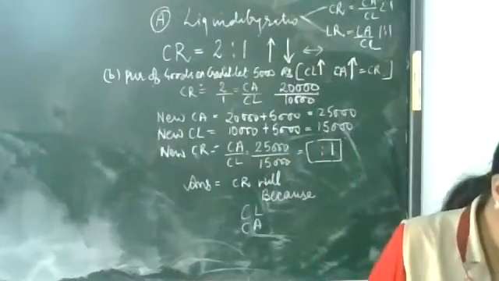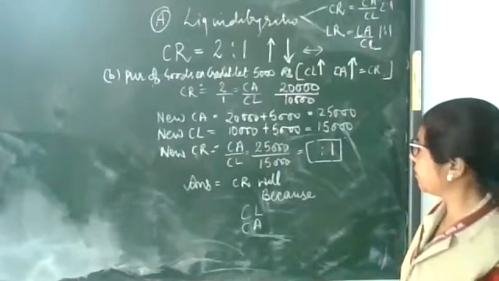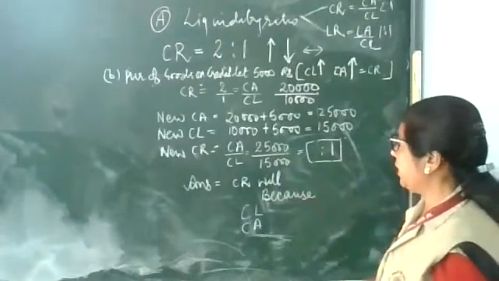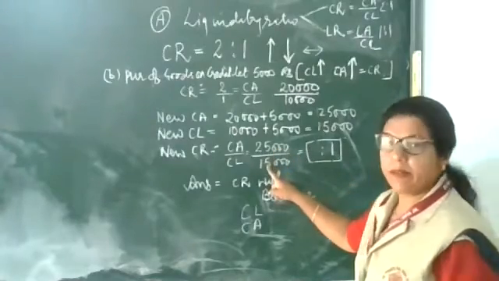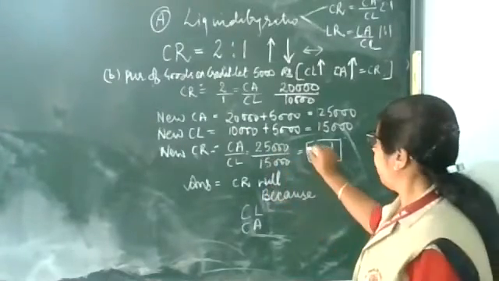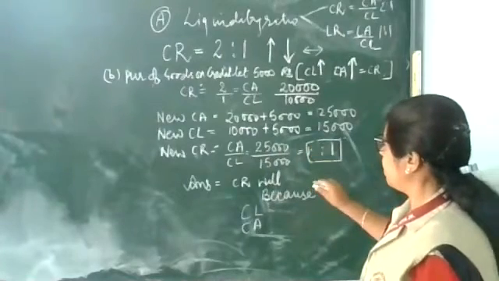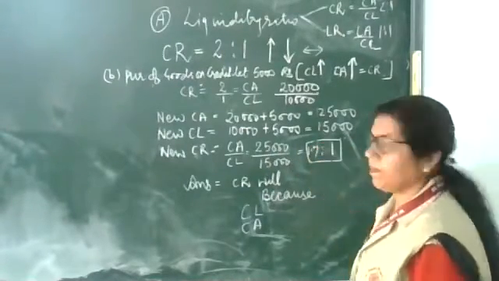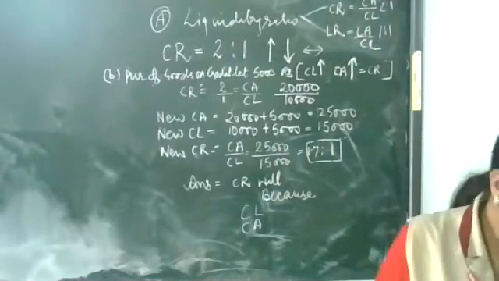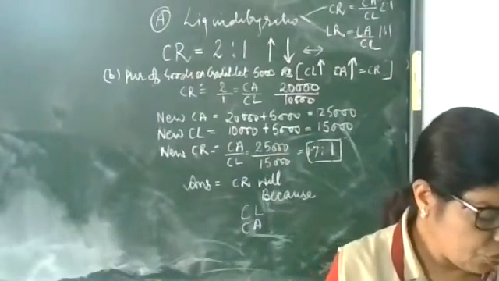Now the ratio is, when we divide it, 25 divided by 15, near about 1.7. 1.7 is to 1.